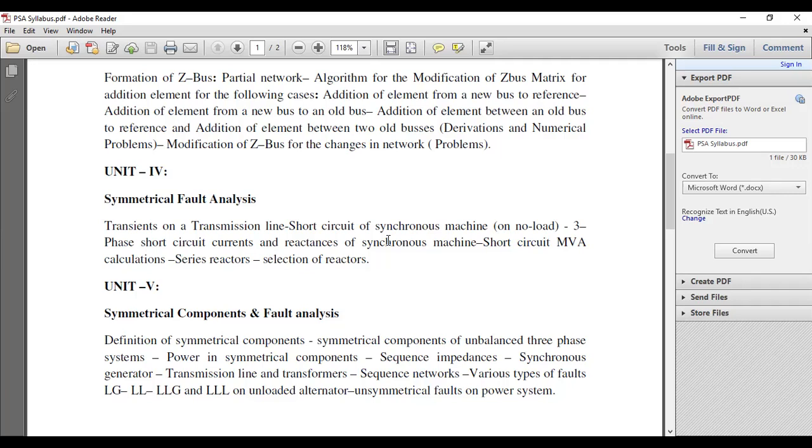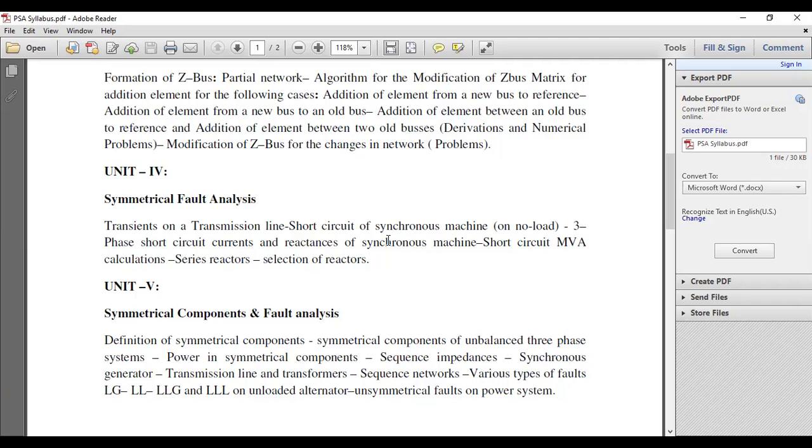In the case of symmetrical faults, we are going to study the transients on transmission lines. Similarly, the short circuit studies of a synchronous machine when it is operated on no load conditions and on full load conditions. Similarly, you can identify or measure the three-phase short circuit currents and the reactances of the synchronous machine.